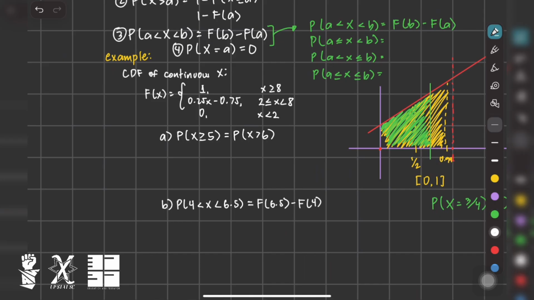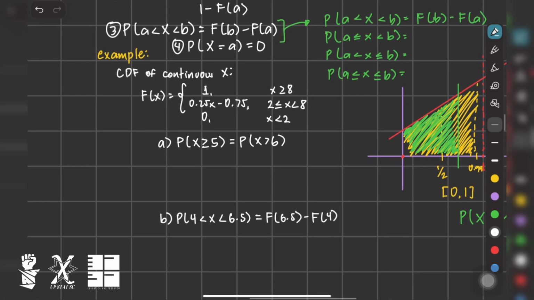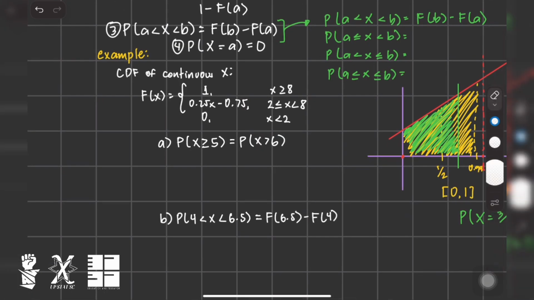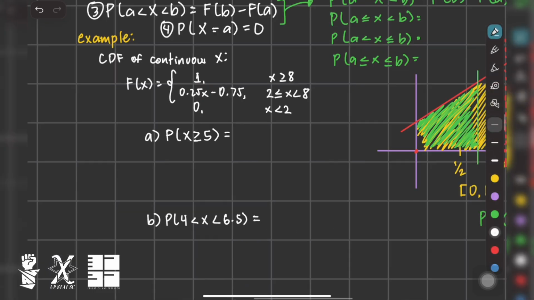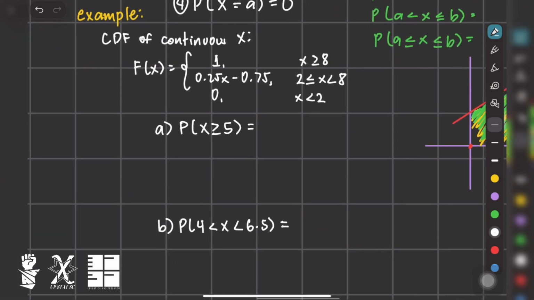So here we are given the problem. Oh, I'm sorry, forgot to fix this. Okay, so we are given the cumulative distribution function of your continuous random variable x with the following piecewise function.